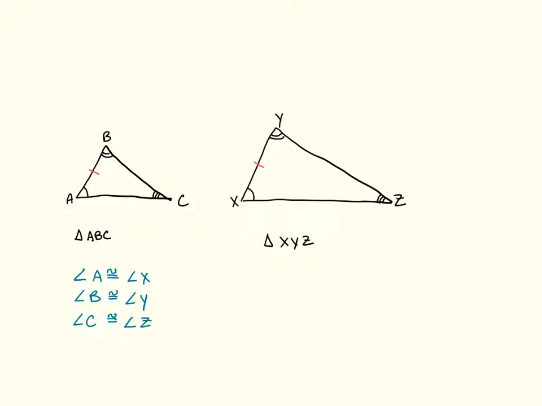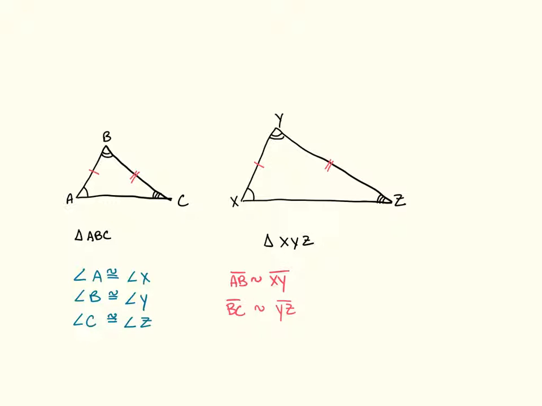So, line segment AB is going to be similar to line segment XY. Notice how we don't put the equal sign because they're not equal, but they are similar. Since they're similar and they have a relationship, then we use the similar symbol. Therefore, BC is going to be similar to YZ.